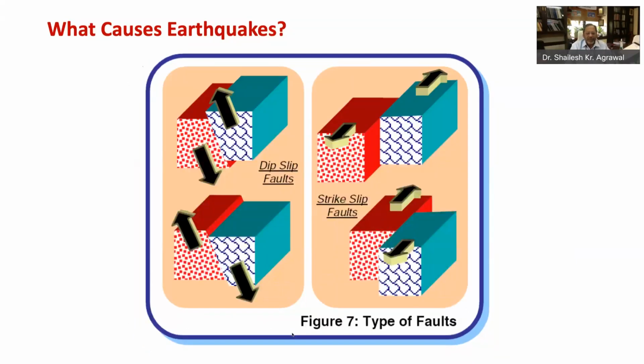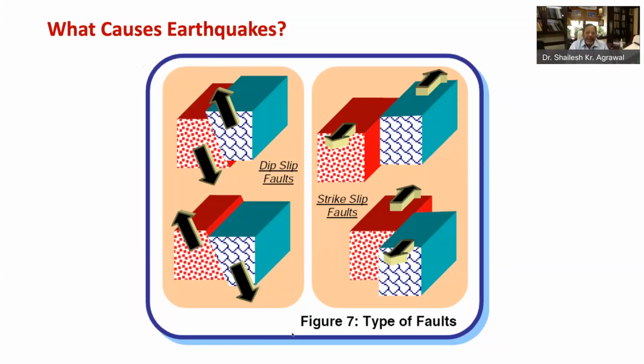But before we end, let's have a look on types of earthquakes and faults. Most earthquakes in the world occur along the boundary of tectonic plates. Remember, I told you interplate earthquakes. These earthquakes which happen along the boundary of tectonic plates are called interplate earthquakes.